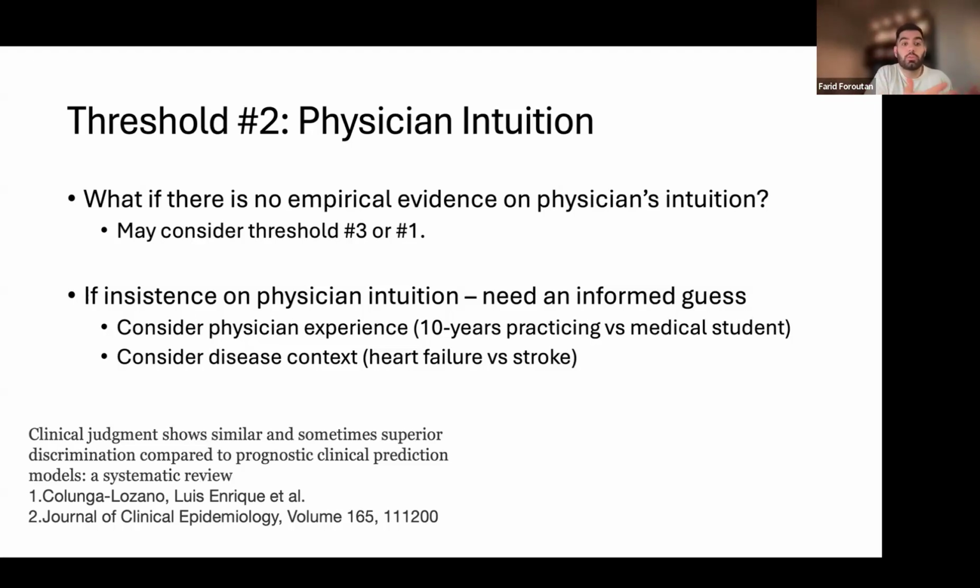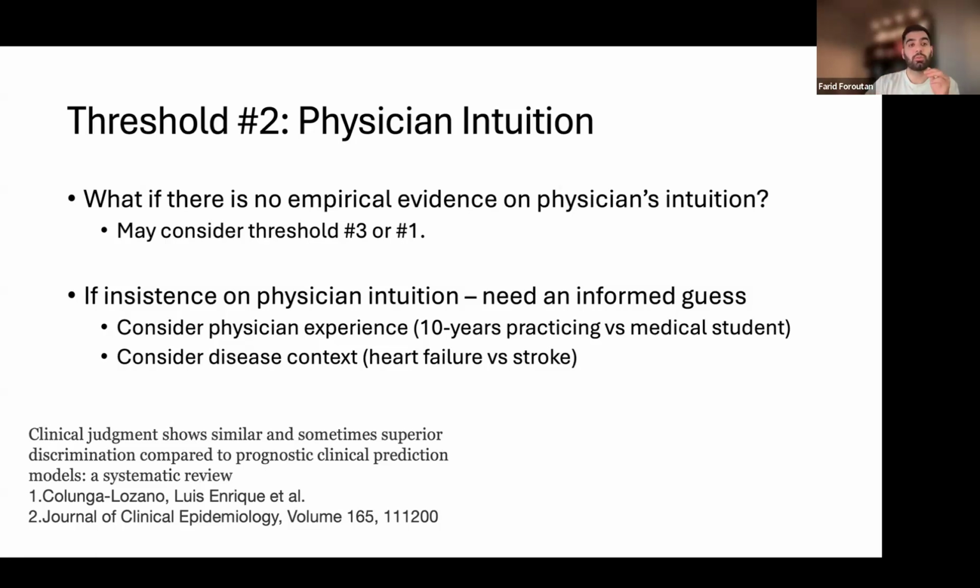You could also, based on your experiences of how well seasoned physicians operate versus medical students, make an informed guess. But also this systematic review that we conducted, maybe you can go in there and find some studies for your disease area of interest, for your outcome of interest, that may have shown some evidence on what physician intuition is. But if, again, you don't want to go down this road of physician intuition, you have two other options.